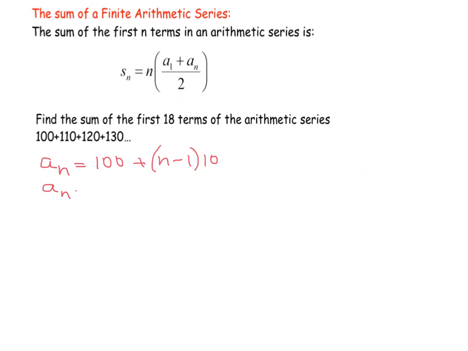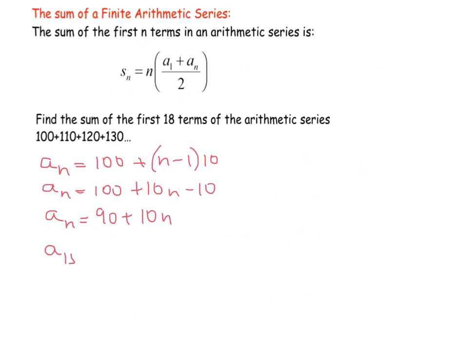So an is going to be 100 plus 10n minus 10. Finally, the rule is going to be an equals 90 plus 10n, or I can say 10n plus 90. Either way is correct.